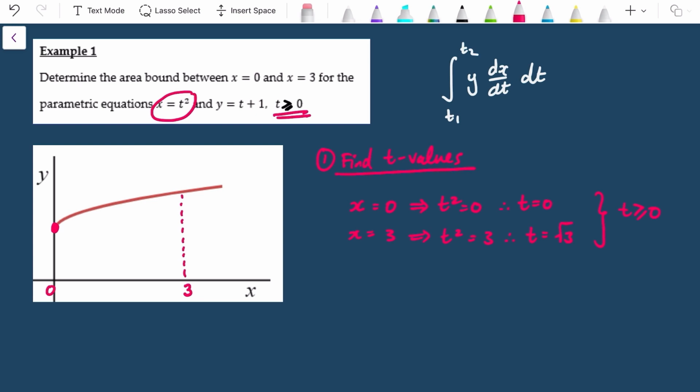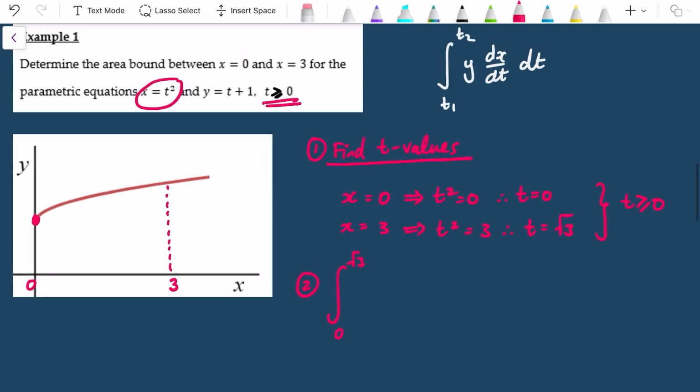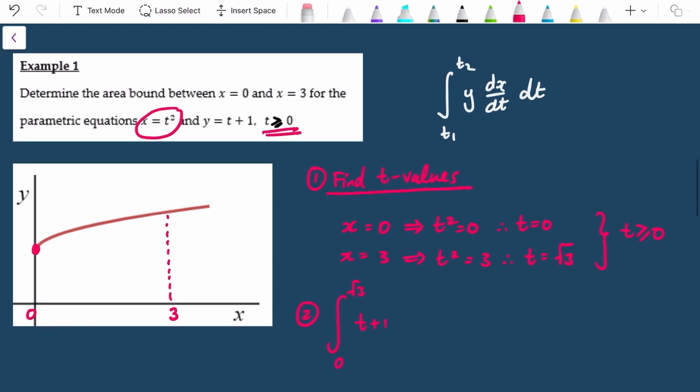Okay, so my second step is that I'm going to now apply my formula. So when x is 0, t is 0, that's my lower limit. And when x is 3, t is root 3, that is my upper limit. I'm using y and y is equal to t plus 1. And I'm also using dx/dt. So if x is equal to t squared, then dx/dt is going to be equal to 2t.